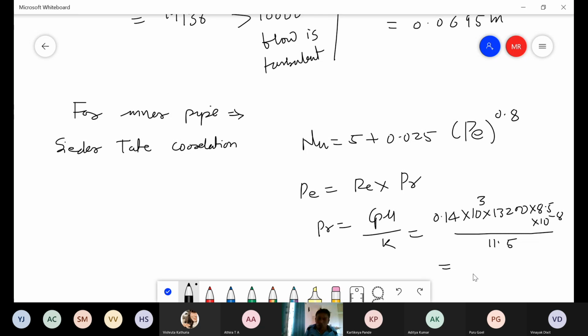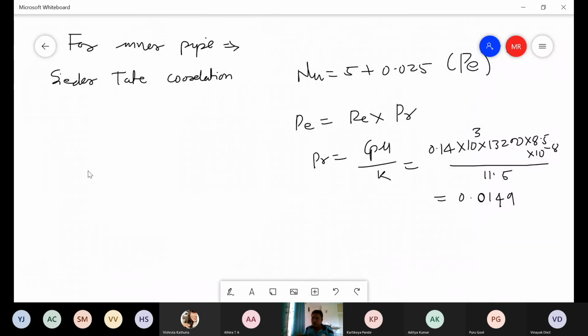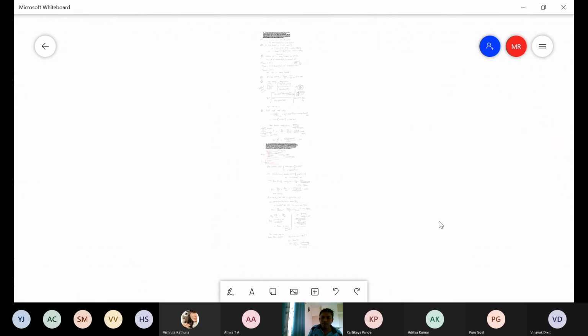Okay, so Prandtl number comes around 0.0149. Just check whether this value is correct. So 0.14 into e raised to power 3 into 13200 into 8.5 into e raised to minus 8 divided by 11.5. This comes around 0.0140. So it's perfectly all right. So nearly the same value you are going to get. Is it correct?